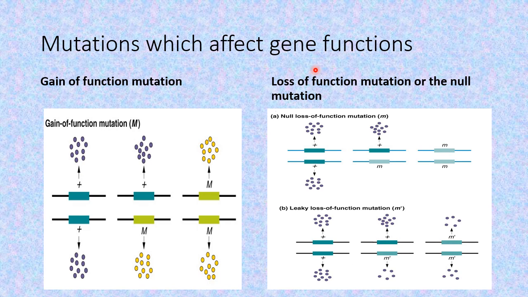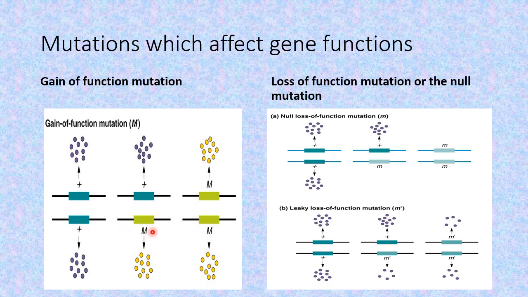Now the mutations which affect the gene functions. Because of mutation, there may be a gain of some function. The original wild type nucleotide sequence was responsible for a particular type of functional protein.